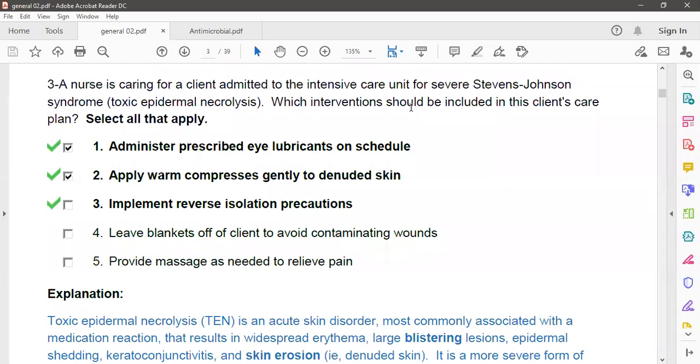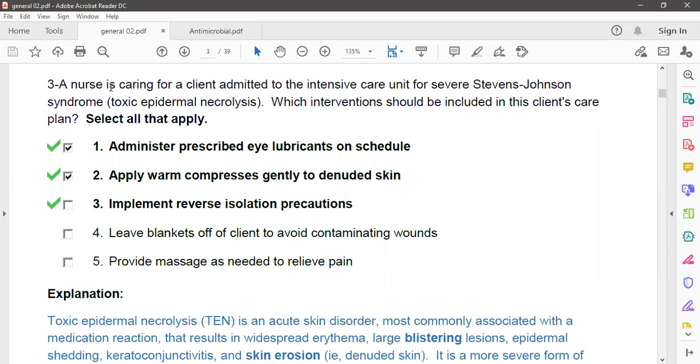In question number 3, we are going to learn some very basic and important information about Stevens-Johnson syndrome. This question is asking about Stevens-Johnson, right?